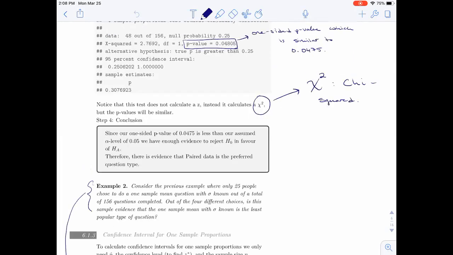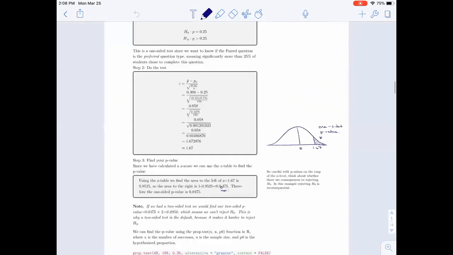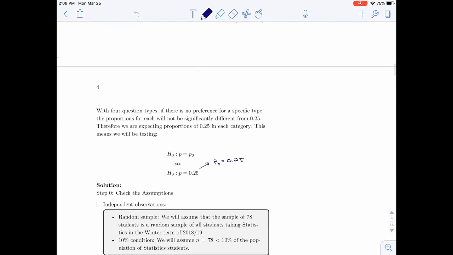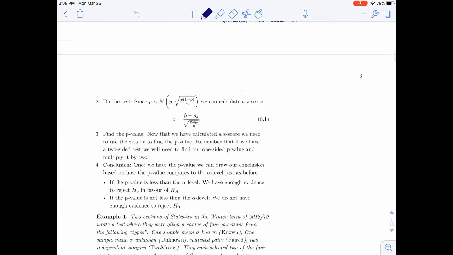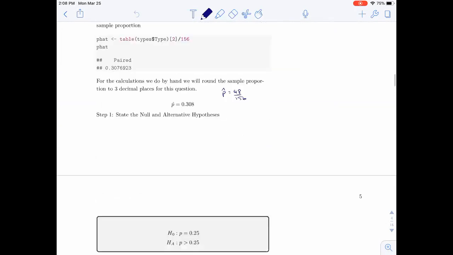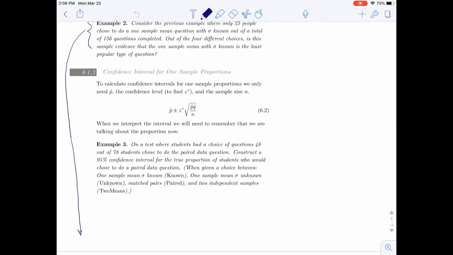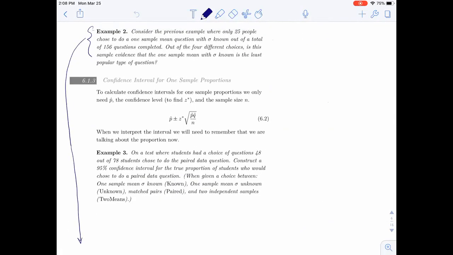So what we talked about last day was hypothesis testing for one proportion. And then we went through and did example 2 together just by hand.